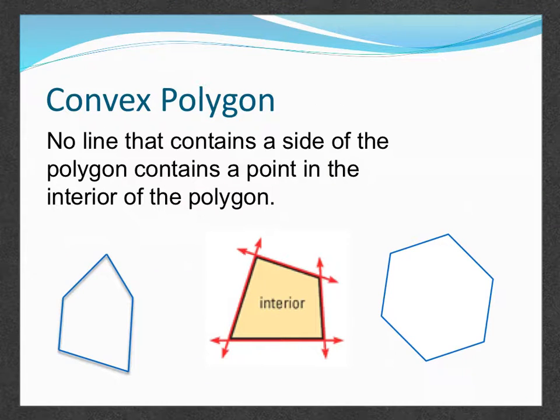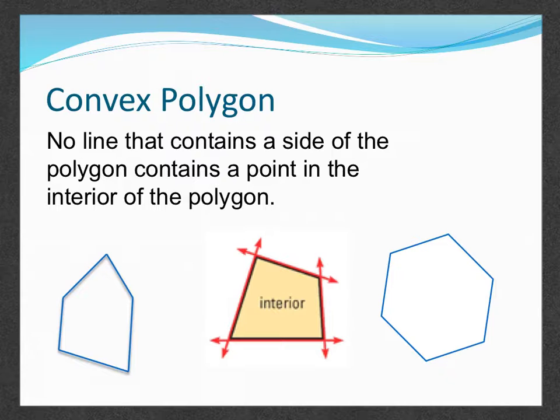Okay, a convex polygon is one in which no line that contains a side of the polygon contains a point in the interior of the polygon. So basically the test here is if you were to extend the sides of the polygon, would the extended lines cross inside the polygon? If they do, it is not convex. If they don't, it is convex.